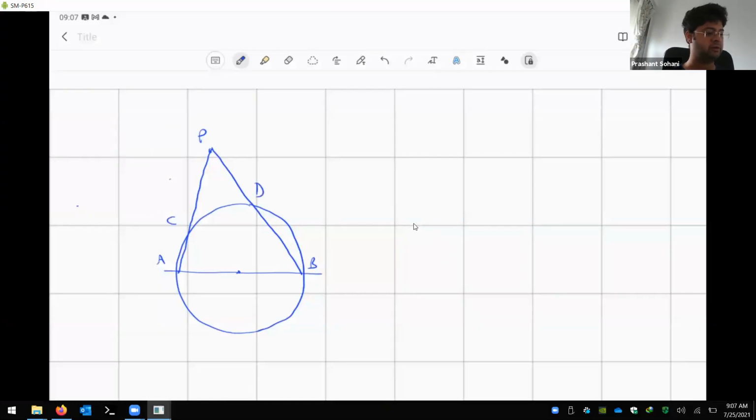And the question is: show the circumcircle of PCD is orthogonal to the given circle. This is what you have to do.